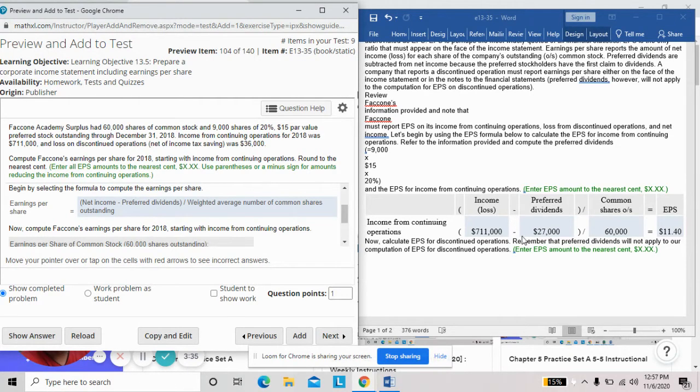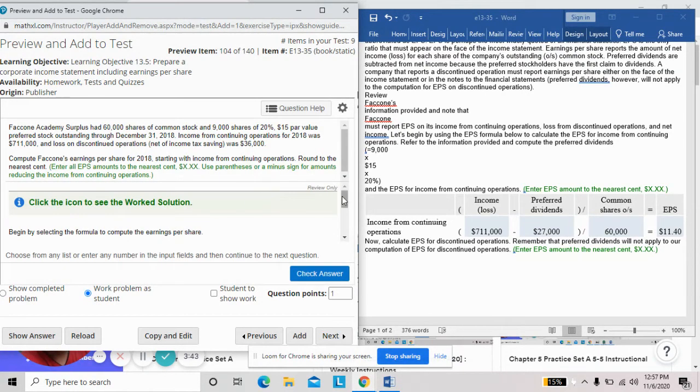In this case, that is the common shares outstanding. So just keep that in mind. Earnings per share.